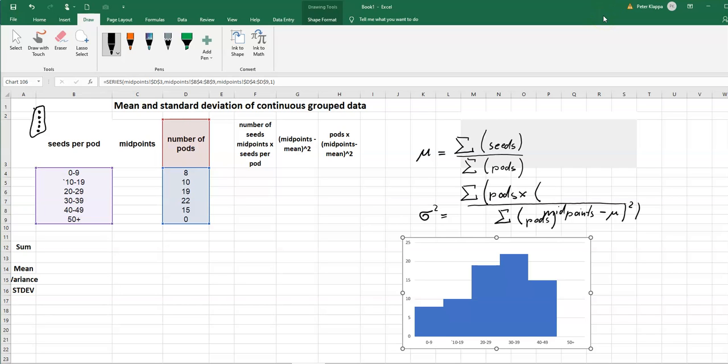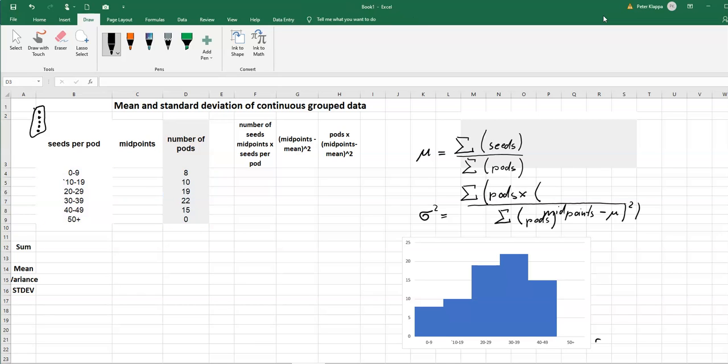So here we have the categories of seeds per pod. And here we've got the frequency, or the number of observed pods. Frequency, and that's the number of pods with that many seeds. And that is a very good histogram without any gaps in between.